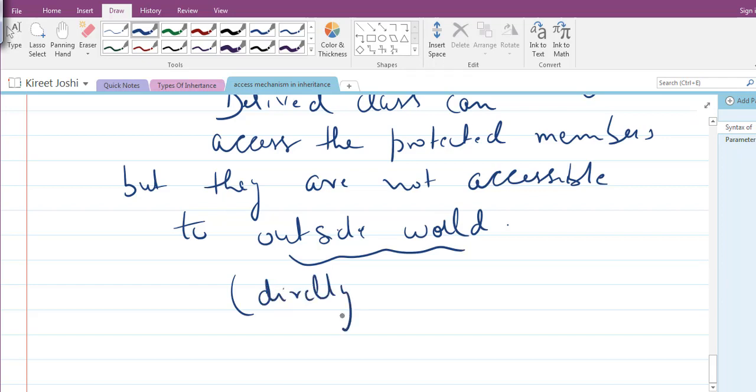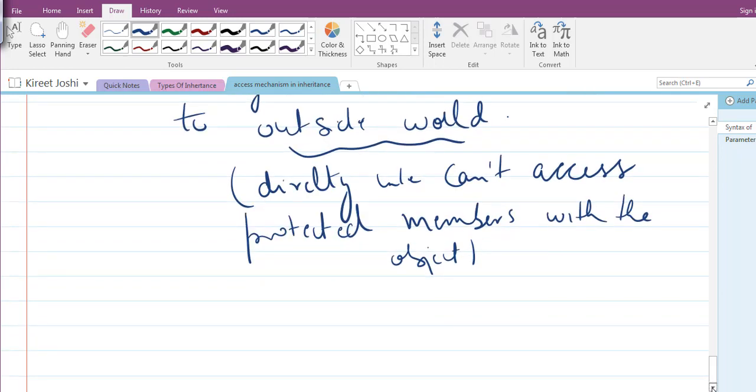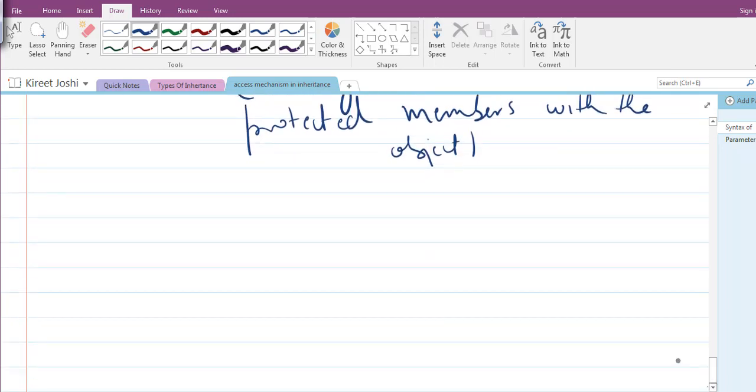We can't access protected members with the object. So now it is clear.